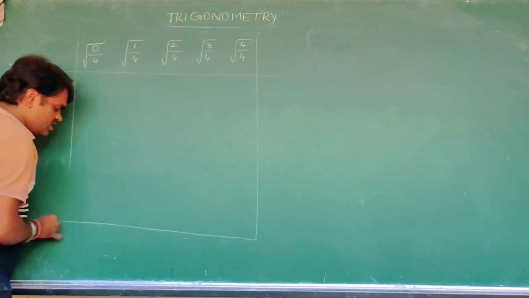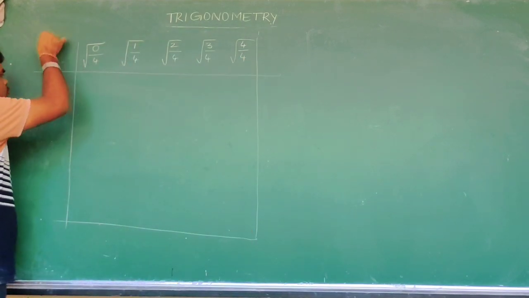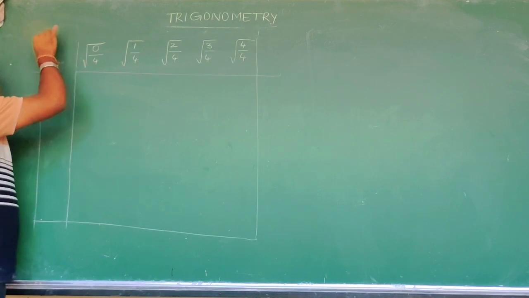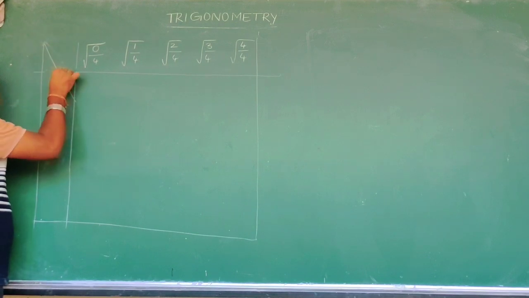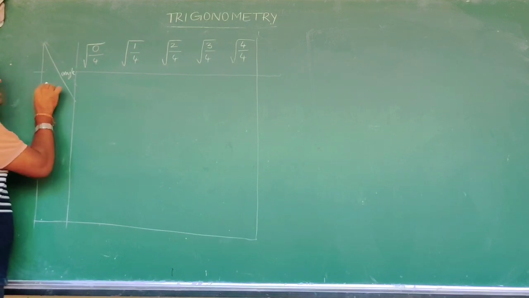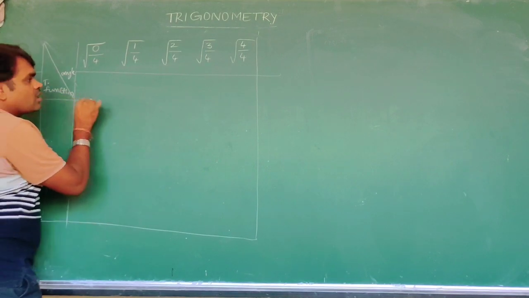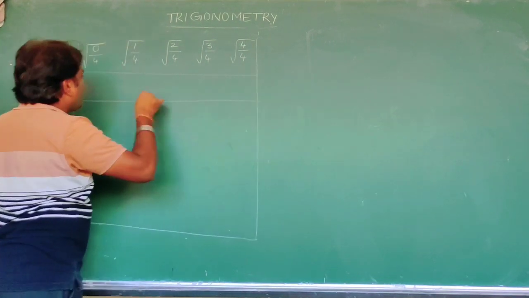Very simple. See, all values we can write at a time very simply. Here we write the angles, and these we can write as the trigonometric functions.